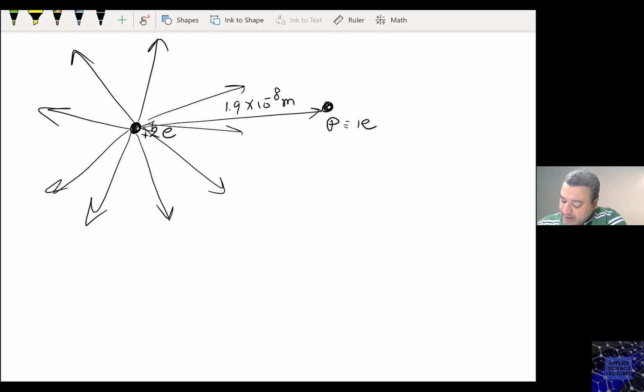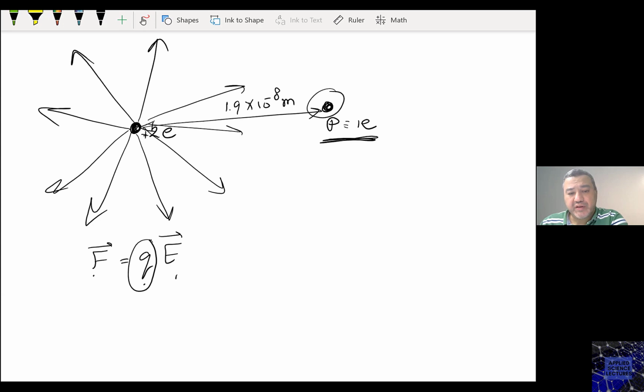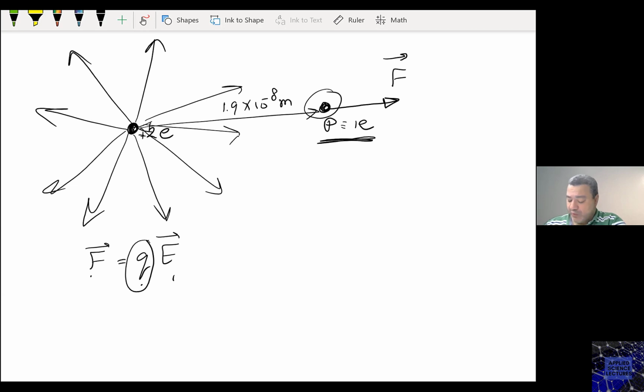So in this case, this is positive. So let me put the equation. F equals QE. As long as my charge, which is this one, is positive, then the direction of the force agrees with the direction of the electric field. Well, I know my electric field is pointing outward, then definitely the force here will be pointing also outward because it has to agree with the direction of the electric field.